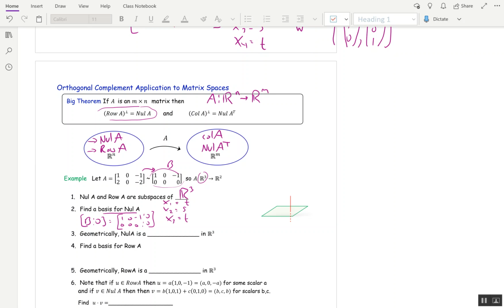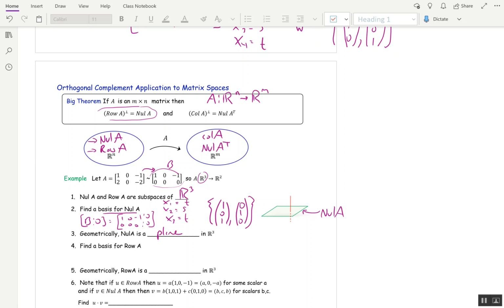So a basis for null A is going to have two vectors in it, one vector for t, 1, 0, 1, and one vector for s, 0, 1, 0. So two vectors in R3, and if those two vectors are linearly independent, they're going to span a plane in R3. So imagine that this green plane is null A.